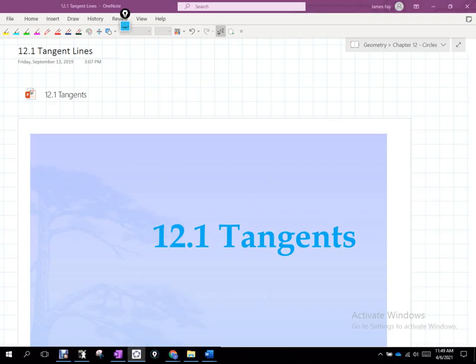All right, so I want to talk briefly about the tangent that we know from SOHCAHTOA, opposite divided by adjacent, right? And the tangent that we talk about today. Because today, when we talk about a tangent, we're talking about a shape.